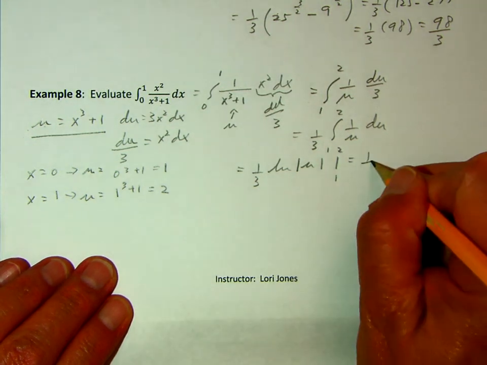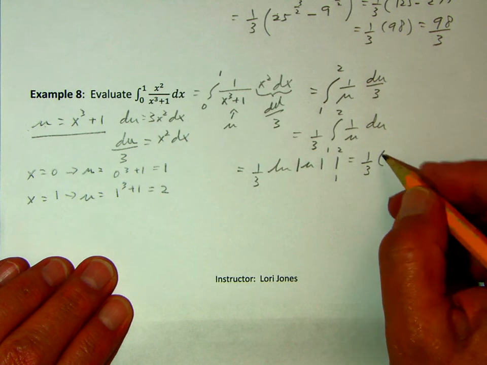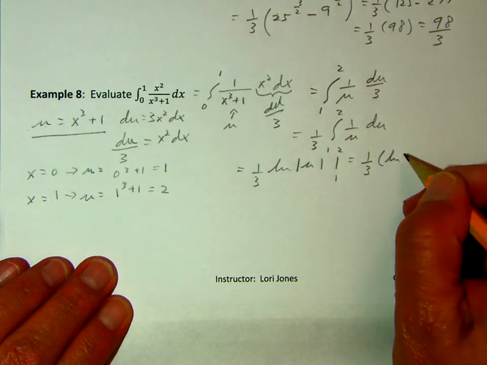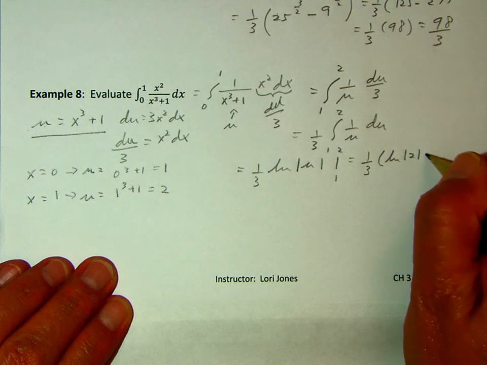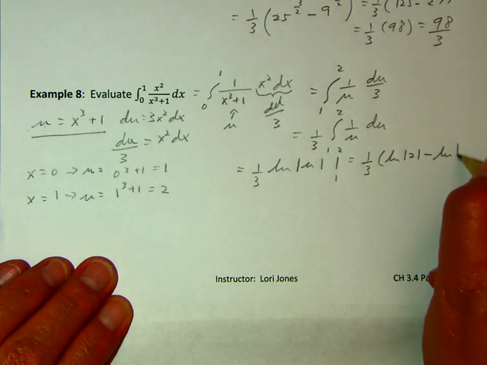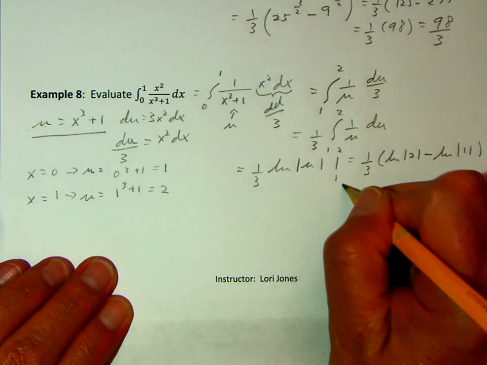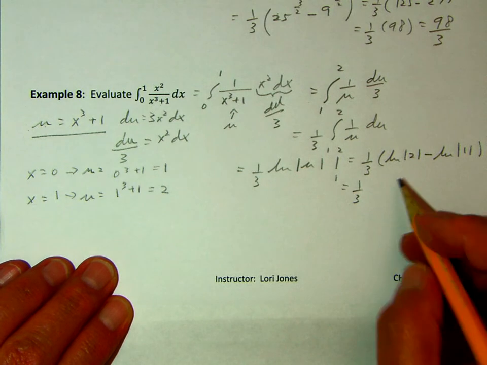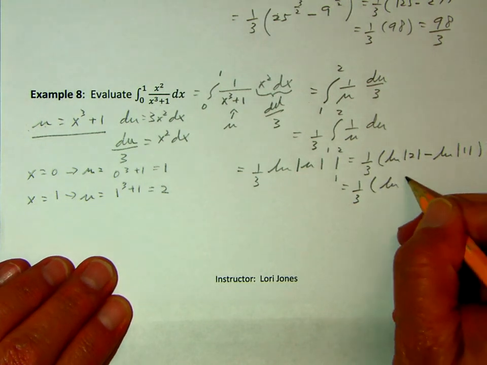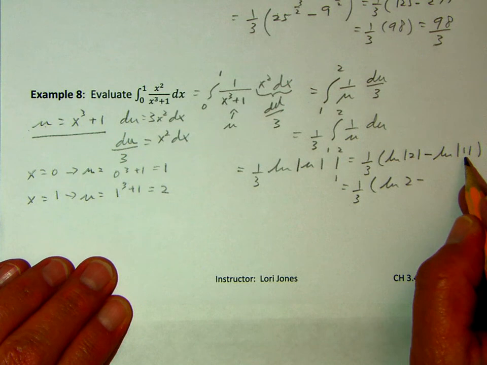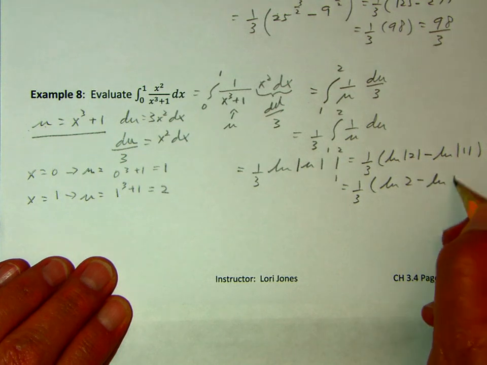So 1/3 times the natural log of the absolute value of 2 minus the natural log of the absolute value of 1. But the absolute value of 2 is 2, so the natural log of 2 minus the natural log of 1.